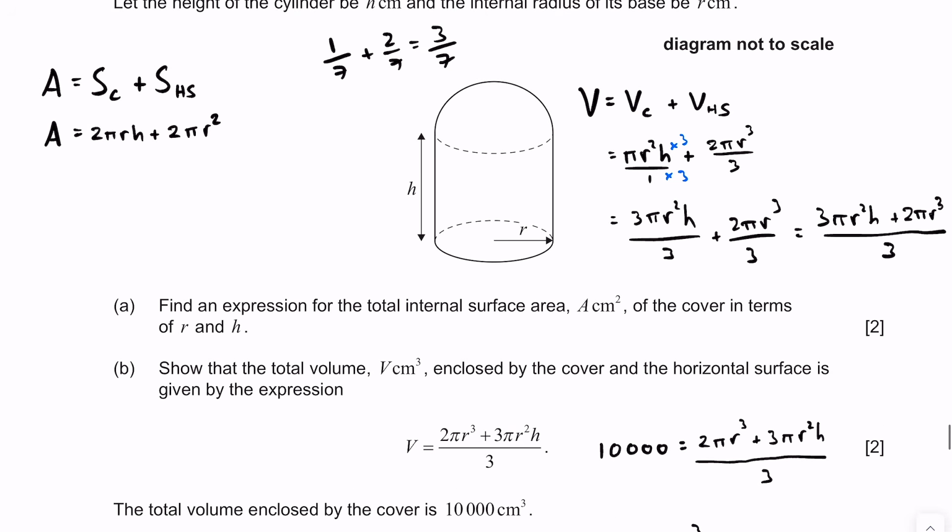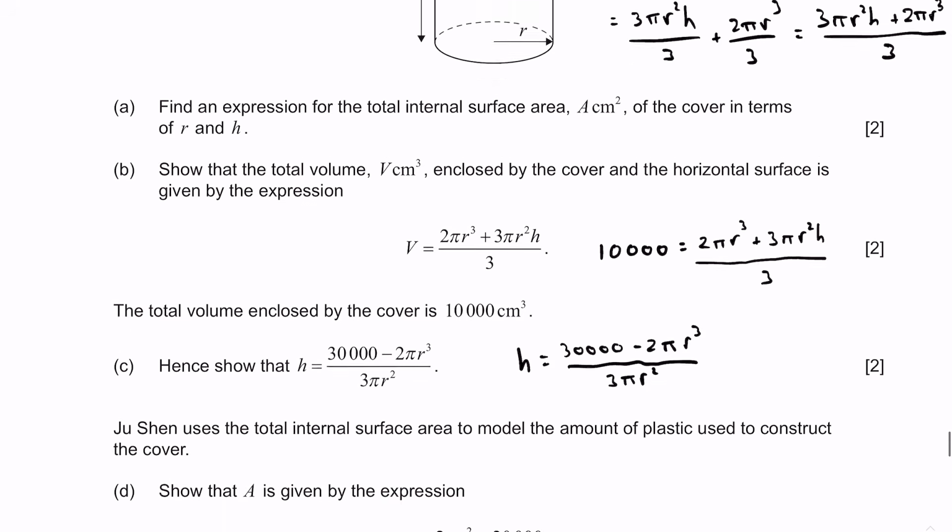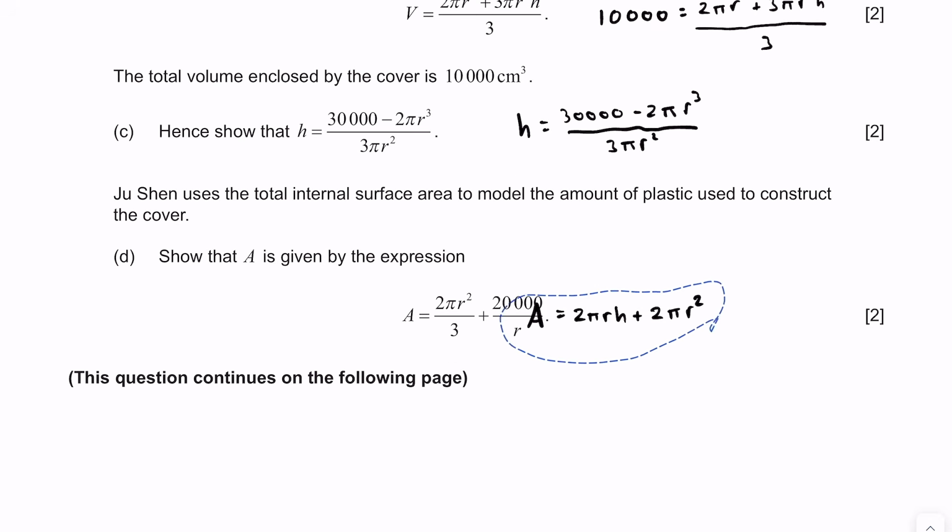Earlier on in this very first question, we wrote out an equation for the surface area. Let's actually copy this right here and compare it to the equation below. Here we see an equation linking surface area to r, and only r, whereas in our original equation we had surface area in terms of both r and h.